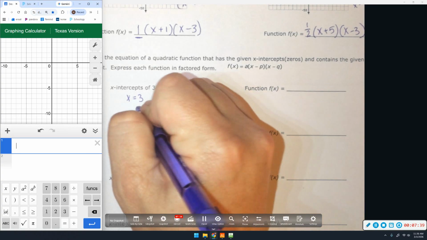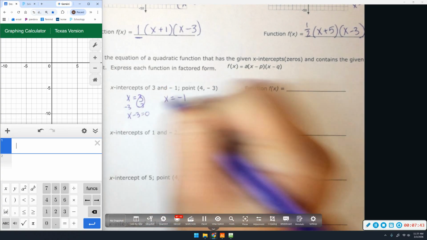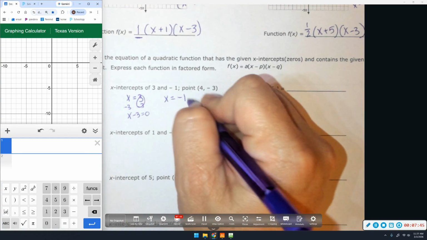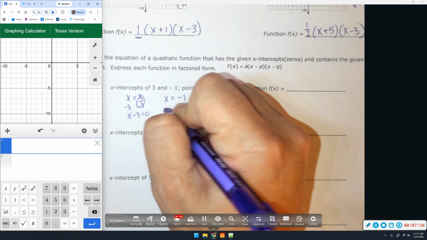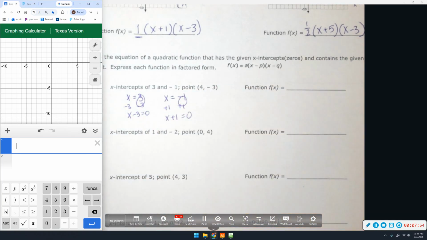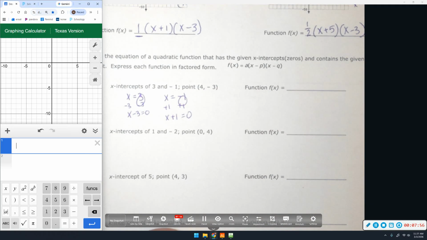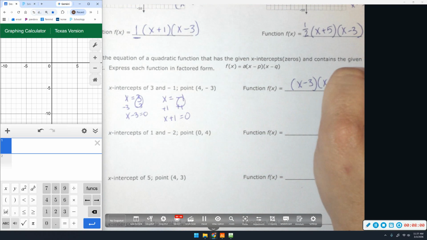And we're going to solve them. So I'm going to subtract 3. What am I going to do on this one? Add 1. So I know my factors are x minus 3, x plus 1.